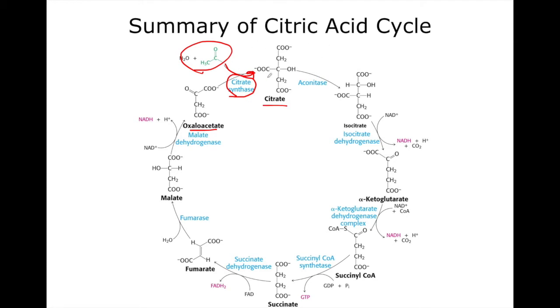So this is our first step, and then after that we're going to go all the way around the cycle until we end back up regenerating our oxaloacetate, so we can go through another cycle of our citric acid cycle. So let's start by taking a look at this very first step, where we have oxaloacetate combining with our acetyl-CoA to form citrate, catalyzed by citrate synthase.